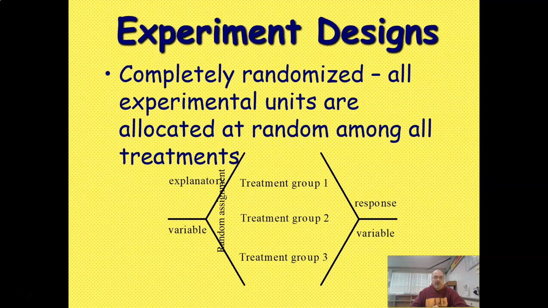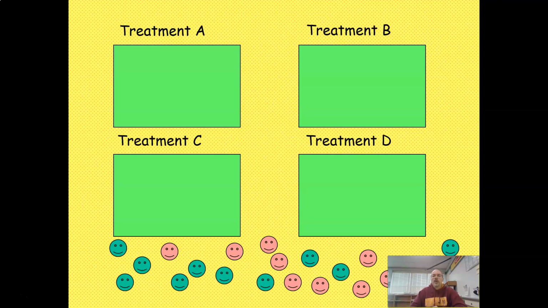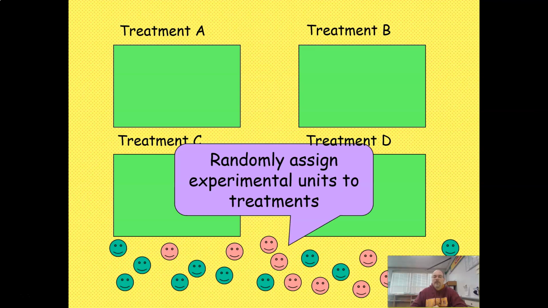Now, let's look at this. Here we have 4 treatments, and you'll notice we've got some smiley green faces, I think that's green or an awkward blue, and pink faces. Now, I'm going to randomly assign experimental units to the treatment. So I'm randomly assigning.